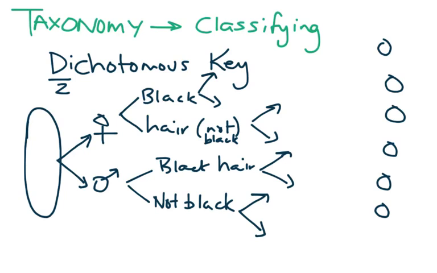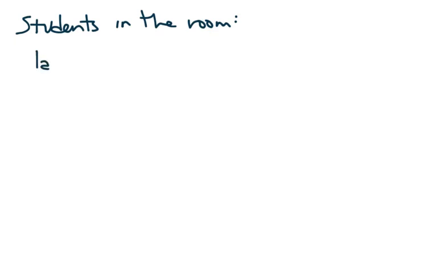The branch dichotomous key is a simple way of organizing your thoughts. When you finish a dichotomous key, what you start with are, let's say we're doing students in the room. And with students in the room, we would say 1A or 1B.